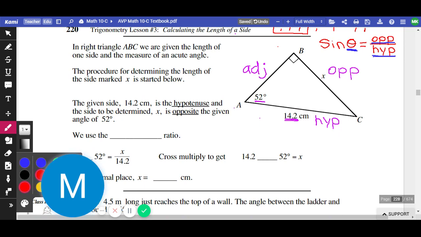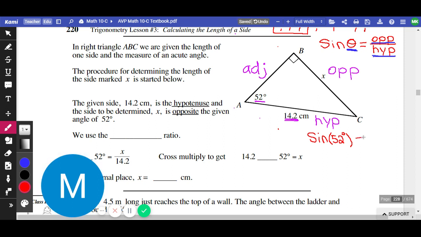The angle you put in there is the angle they gave you, right? The one that you used to name the triangle. So it's now sine 52. I like to put it in brackets like this. That reminds me, it's sine at 52 degrees. The brackets just help remind me that the angle's with sine.